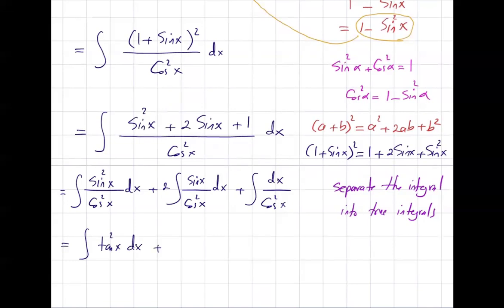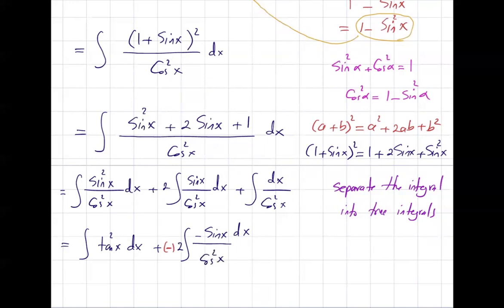The second integral is basically using u sub. You get 2, you have a negative sign as well, the integral of negative sine x dx, and we have to have a negative sign in front. So let me just write down minus 2 divided by cosine squared of x.